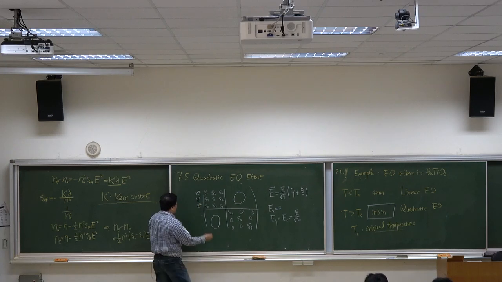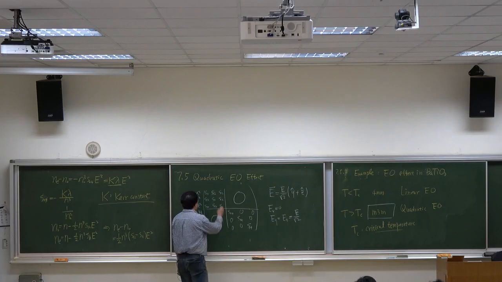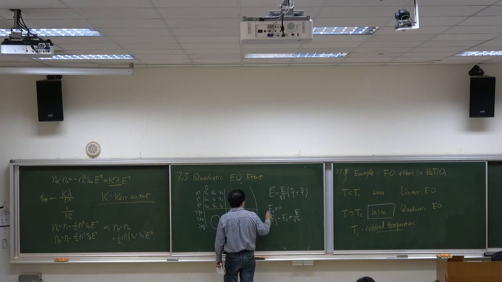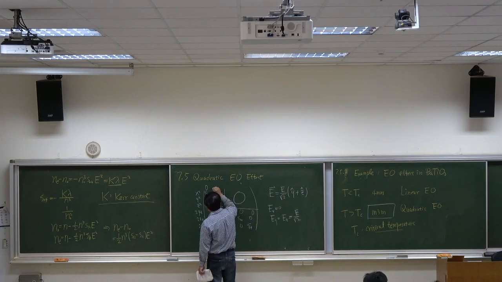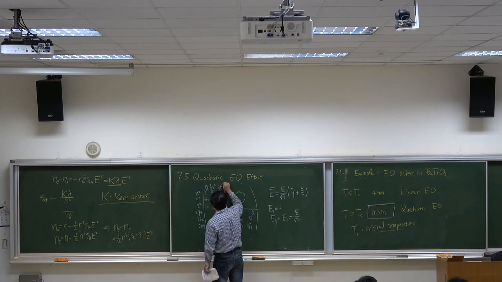Okay, and 2yz, 2zx, 2xy. Ex is equal to 0. Ey, here we have 1/2 E squared, 1/2 E squared.